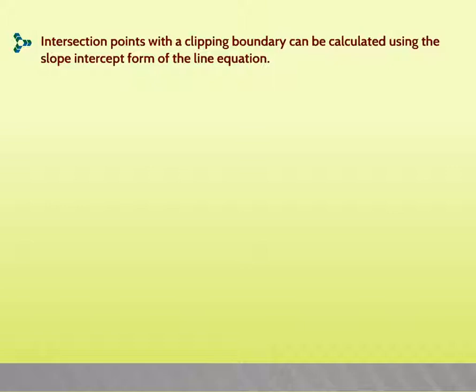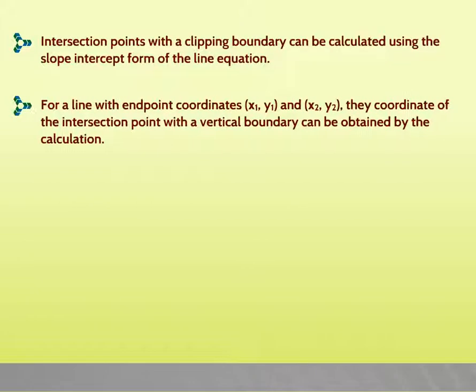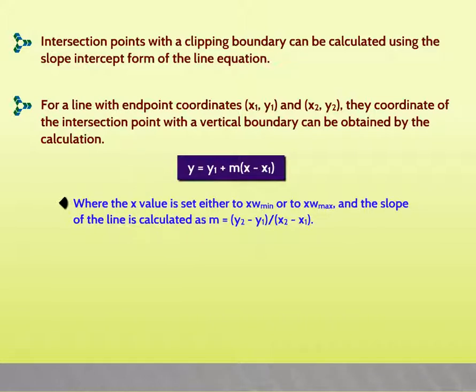Intersection points with the clipping boundary can be calculated using the slope-intercept form of the line equation. For a line with endpoint coordinates x1, y1 and x2, y2, the y coordinate of the intersection point with the vertical boundary can be obtained by the calculation y = y1 + m(x - x1), where the x value is set either to xw min or to xw max, and the slope of the line is calculated as m = (y2 - y1)/(x2 - x1).